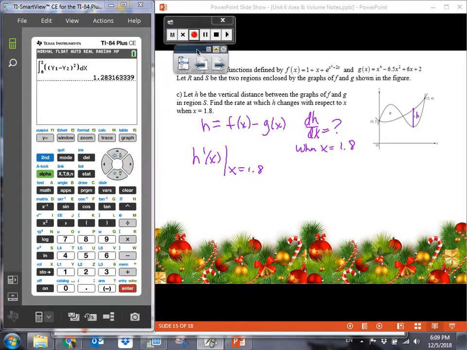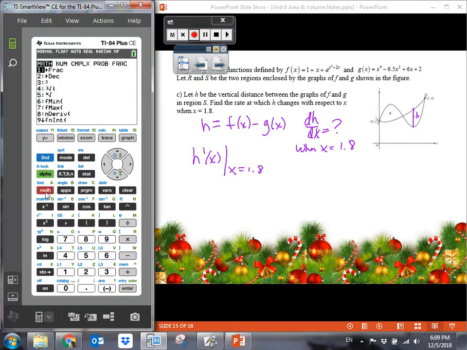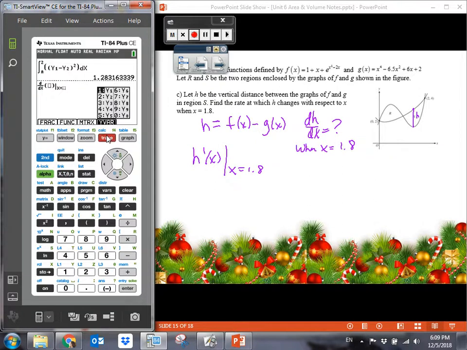Alright, so we need math 8. And let's think about this. If you recall, f we put in y1 and g in y2. So we need to pull down alpha calc y1 minus alpha calc y2.